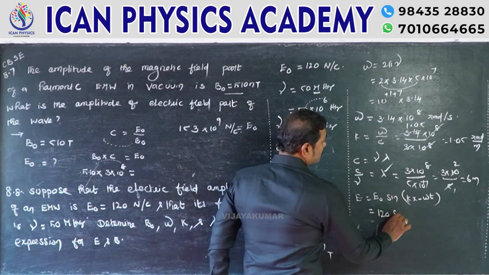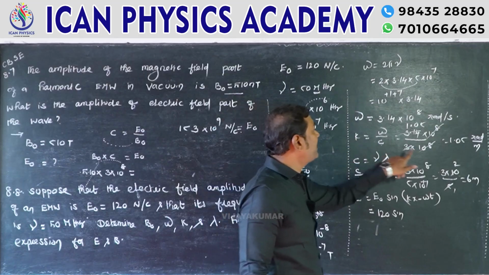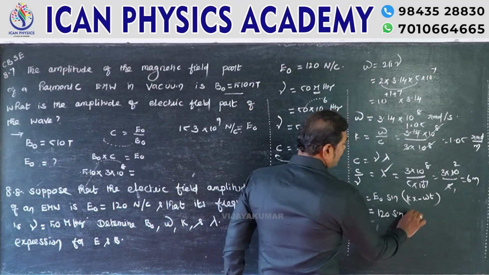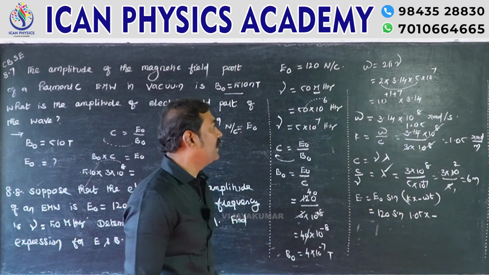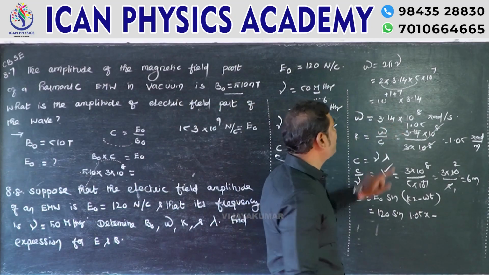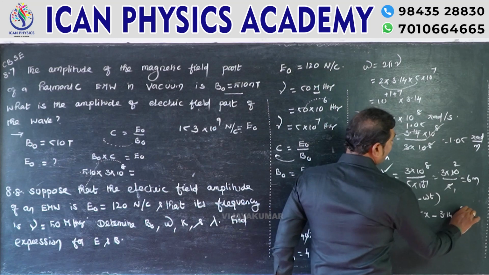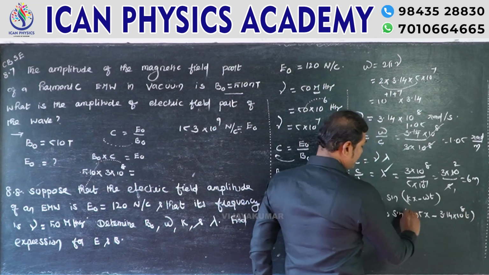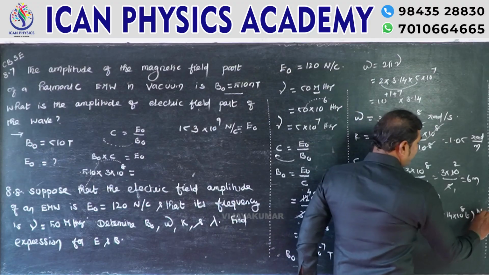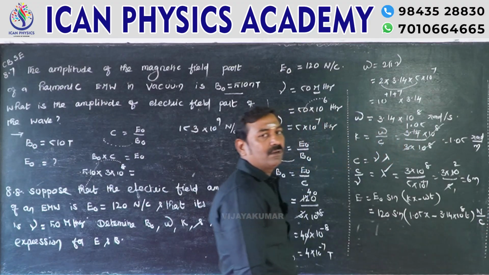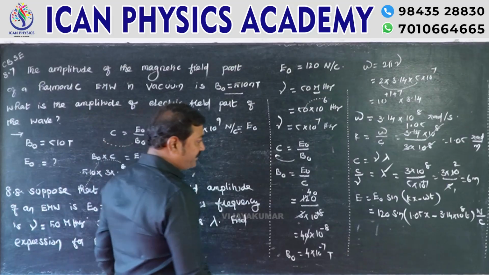So 120 sine of kx, where k is 1.05, so 1.05x minus omega, 3.14 into 10 to the power 8 t. So this is the electric field. What is the unit of electric field? Newton per coulomb.